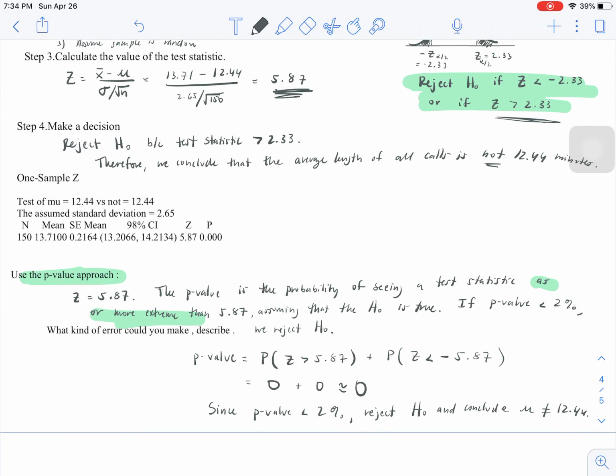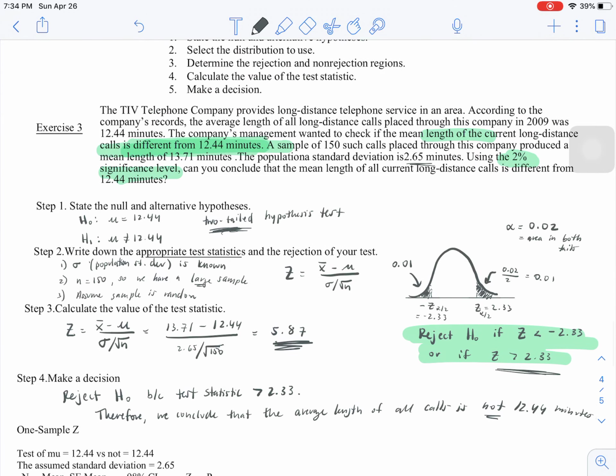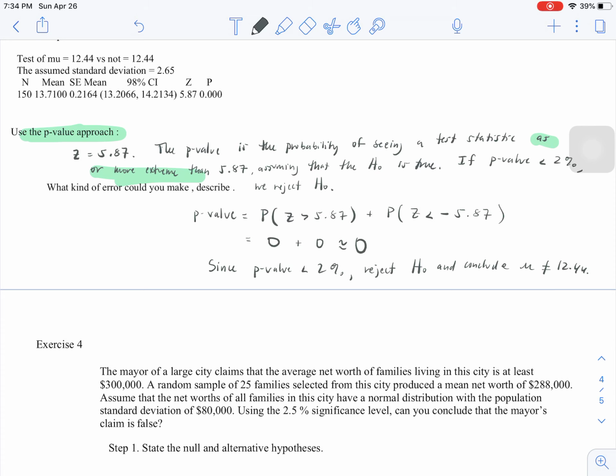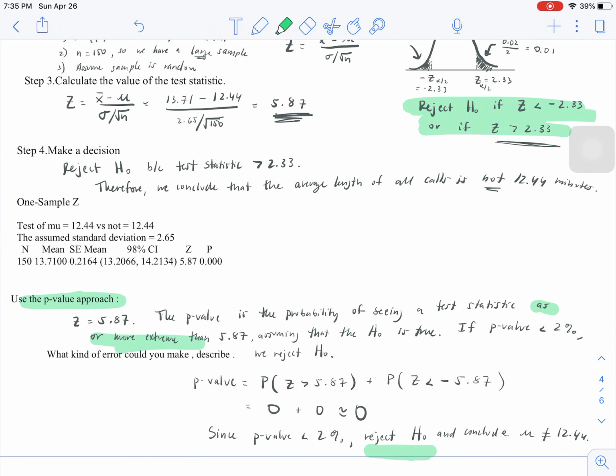Regardless of which approach we choose, the critical value approach or the p-value approach, we should always get the same conclusion in both. If you got a different conclusion, let's say you rejected the null hypothesis in the critical value approach but accepted it here, that's a good sign that you did something incorrect. So these two approaches will always give you the same results.